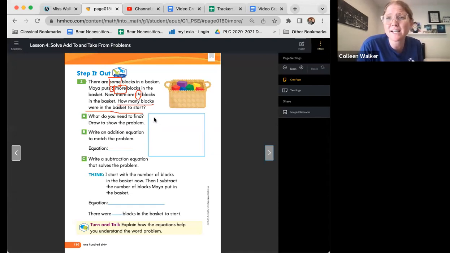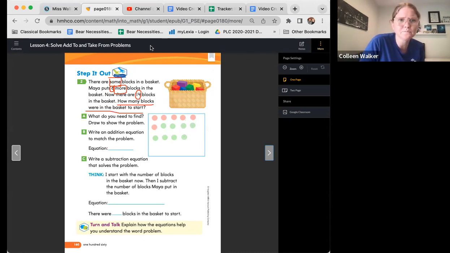So let's start with the 6 more that she put in the basket. Can you count to 6 with me? 1, 2, 3, 4, 5, 6. And then how many blocks are now in the basket? There's 14. So we're going to count on from 6 till we get to 14. What comes after 6? 7, 8, 9, 10, 11, 12, 13, 14.